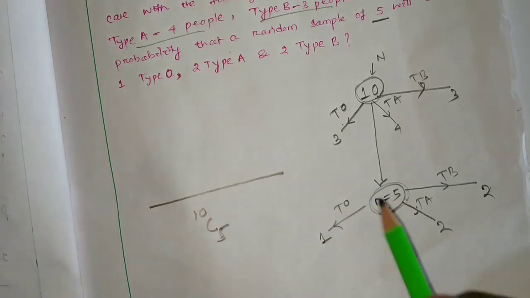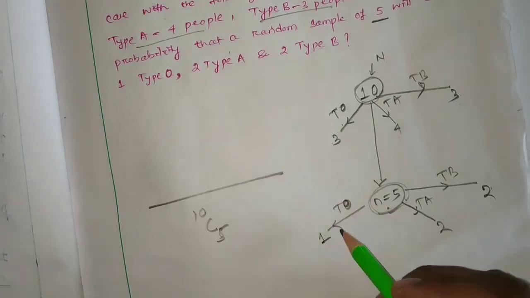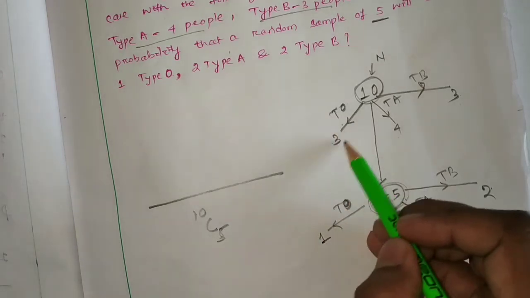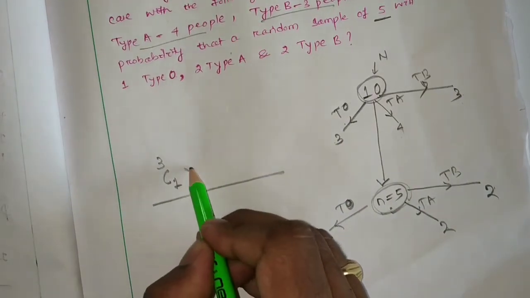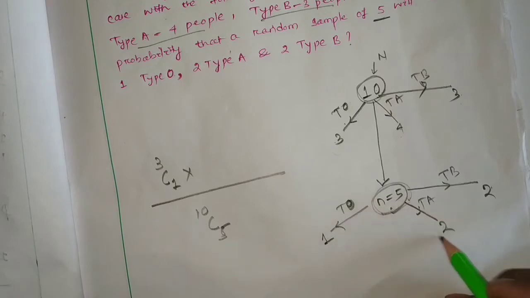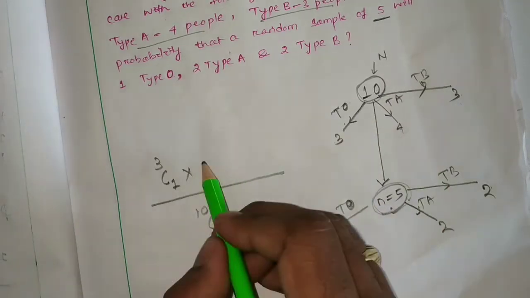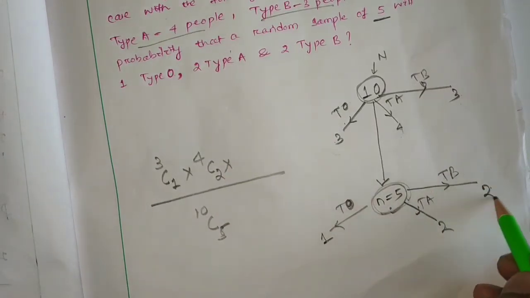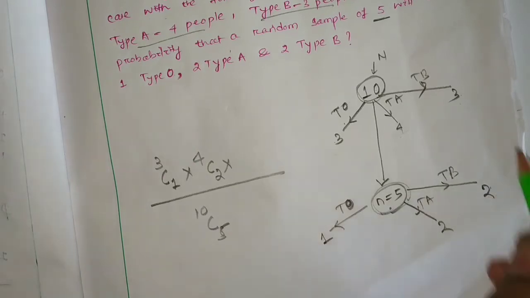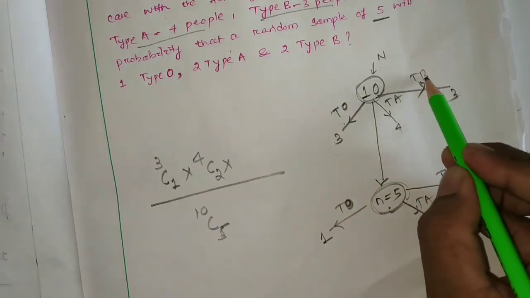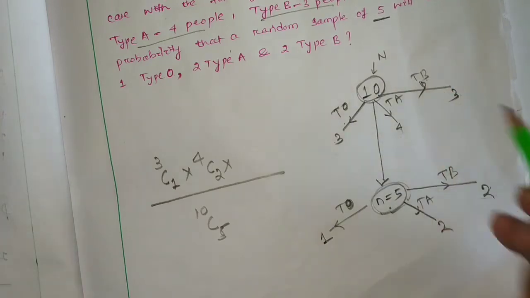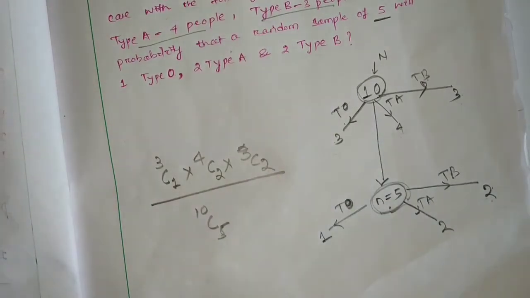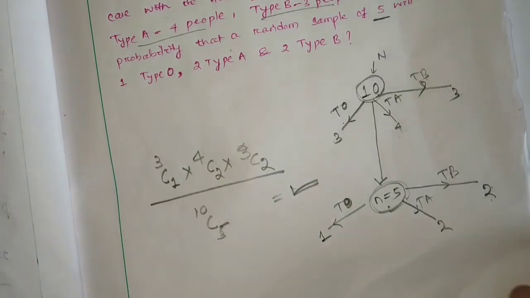Type O will be 1 from 3, so we write 3C1, into type A will be 2 from 4, so 4C2, into type B, 2 selected from the total of 3, so 3C2. You just calculate it and find the final answer.